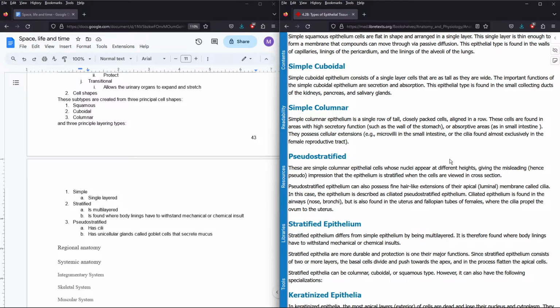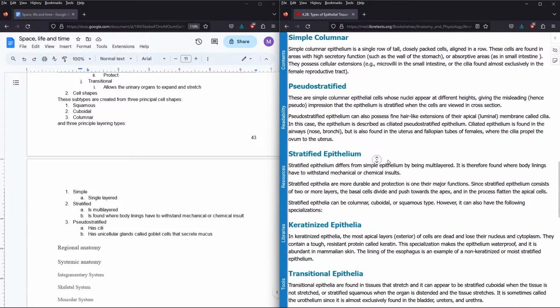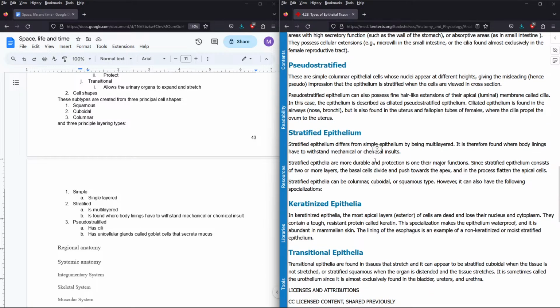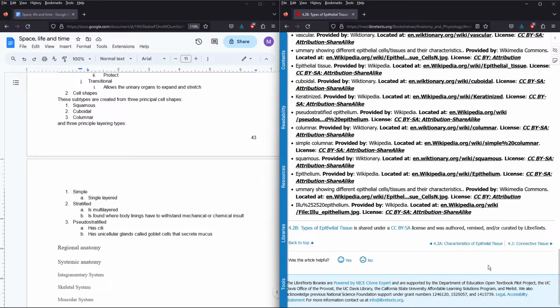They possess cellular extensions, for example microvilli in the small intestine, or the cilia found almost exclusively in the fallopian tubes. Like, okay, should I just continue on reading these? Because all of these tell us the function, which we kind of already got. And also location, which we don't care about.